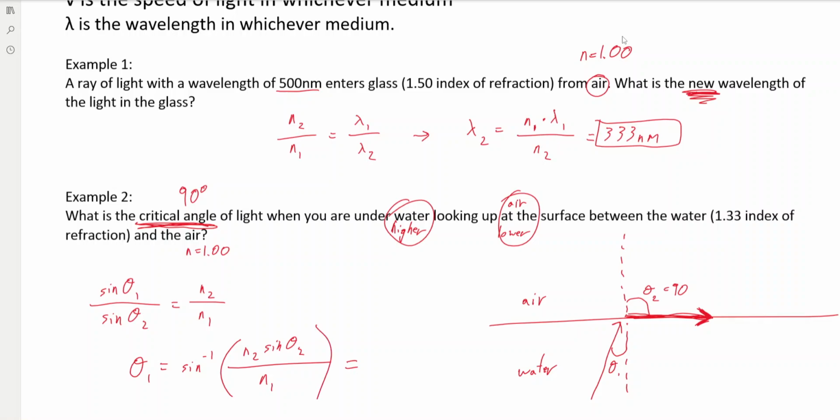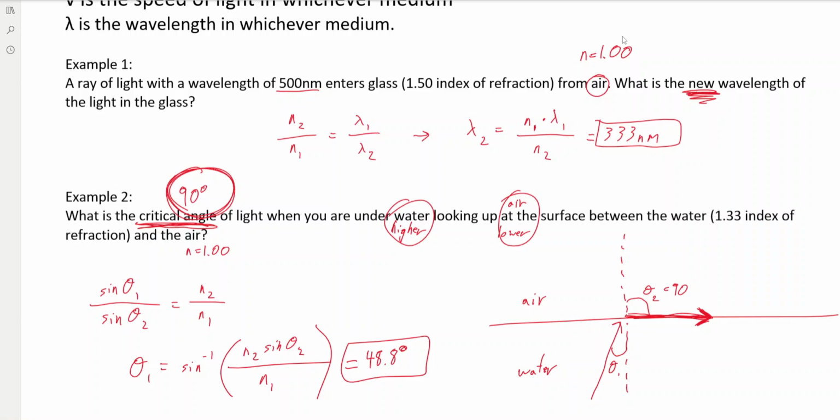Okay, and what we'll find here is that the critical angle is 40, let's see how many sig digs we have. It looks like 3 sig digs. This is an exact number, actually. This does not affect our sig digs. So 3 sig digs, so 48.8 degrees is our critical angle from water to air.